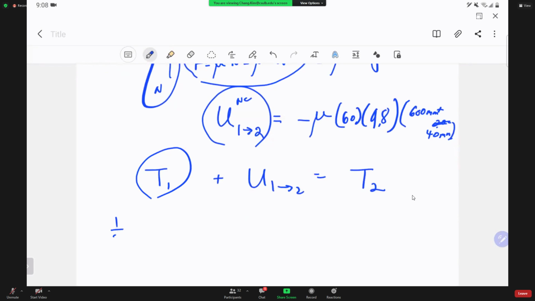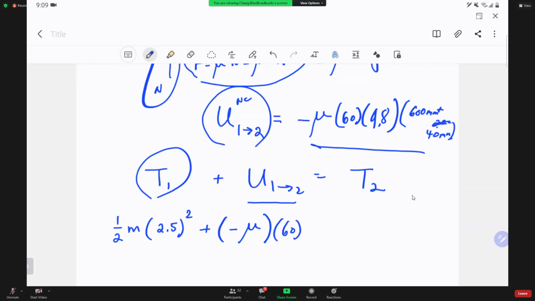Initially, it's going to be 1/2 times mv1 squared, the velocity at 1 was given as 2.5 meters per second, minus mu times 60 times 9.8 times 1.6 plus 0.04.